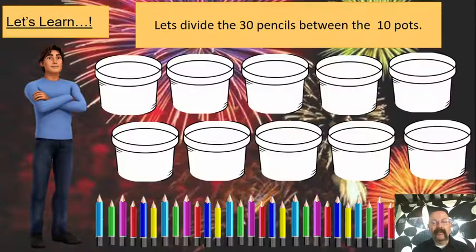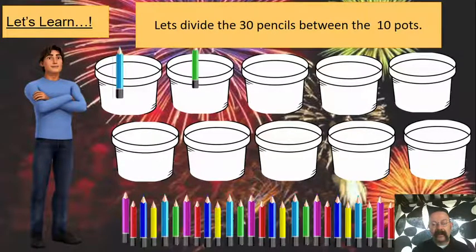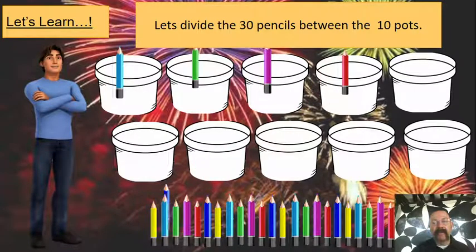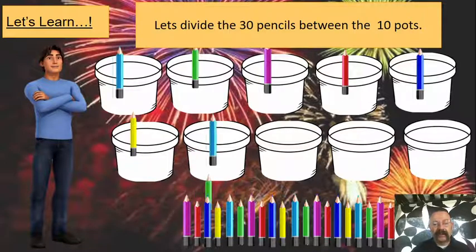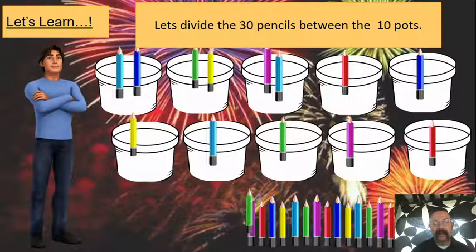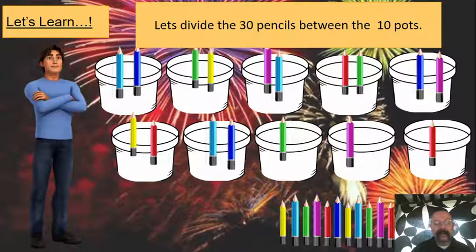Now let's work through. Okay, so we've got our 10 pots in front of us, and we're going to start dividing our crayons into each pot. And remember, when we're dividing, we need to make sure that we have an equal number shared out into each pot. So we've got up to 2 crayons almost in each pot.